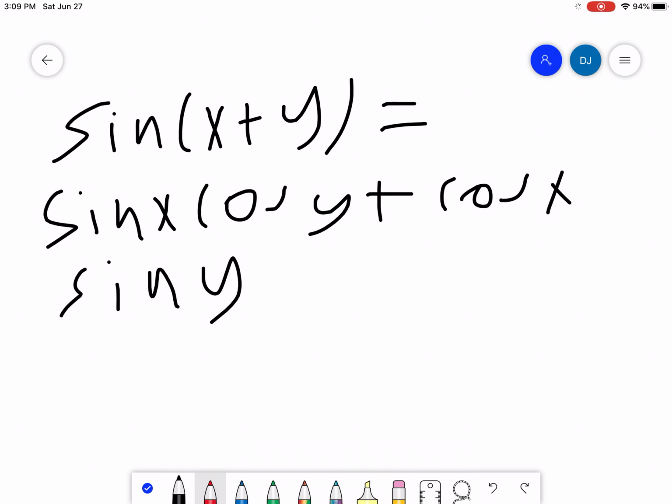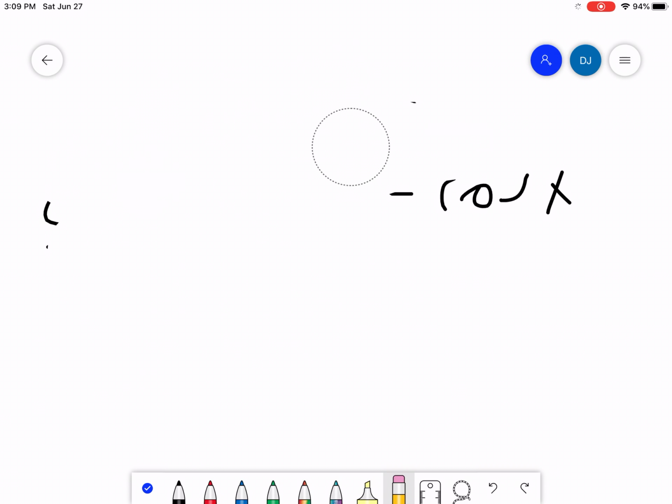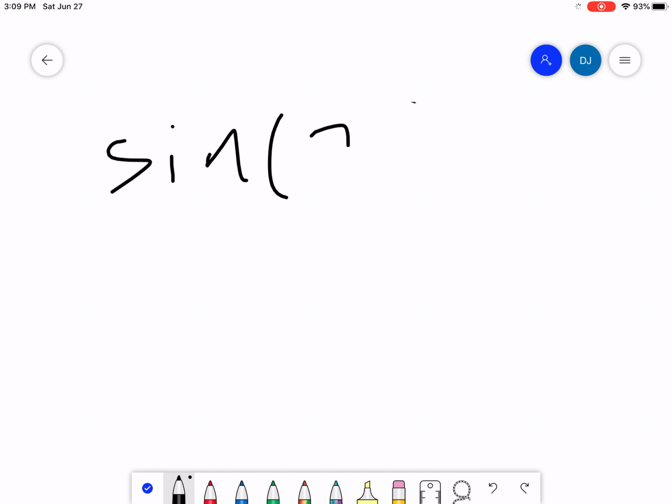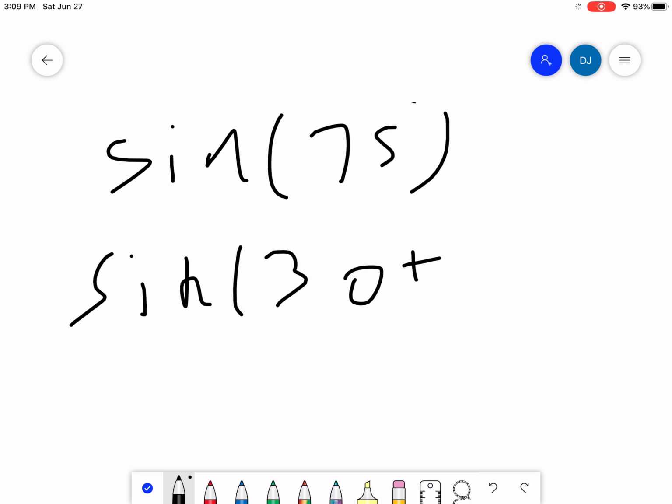If it was minus, the difference identity, we simply change the sign. Look at that for a bit. This is used to calculate, for example, sine of 75: we could break it down into sine of 30 plus 45, because we definitely know those angles from special right triangles.